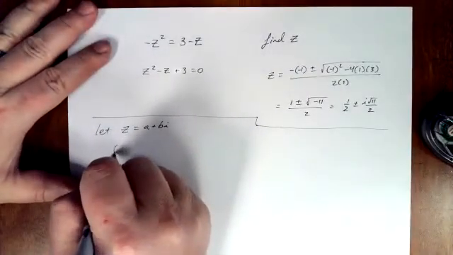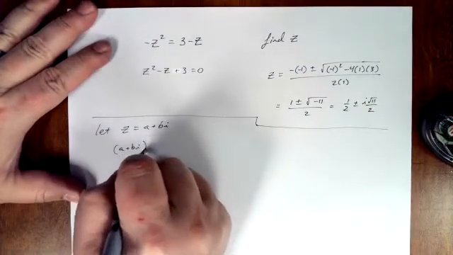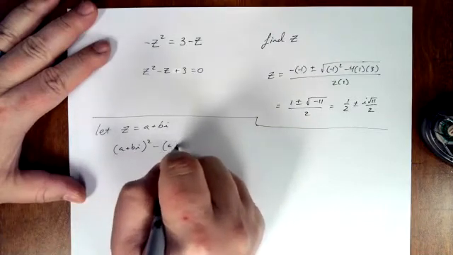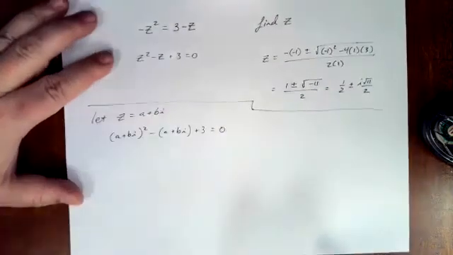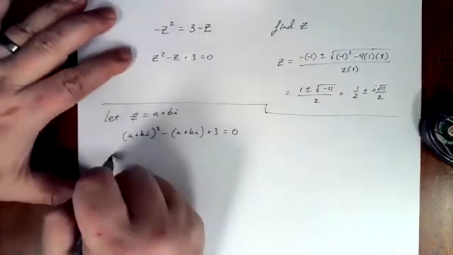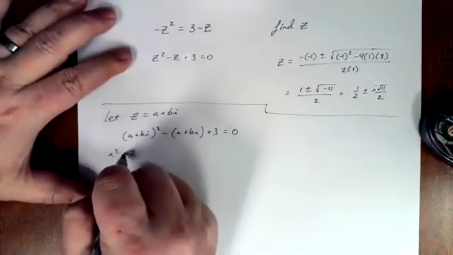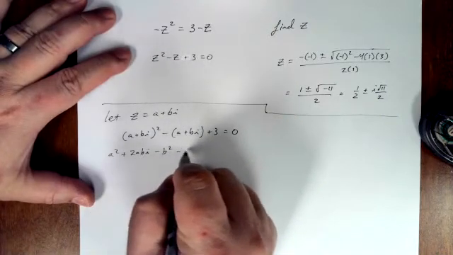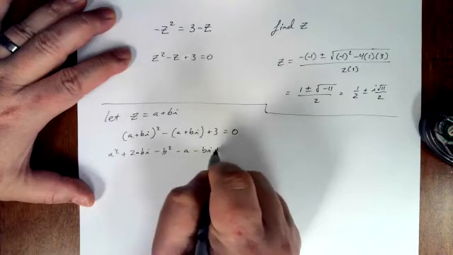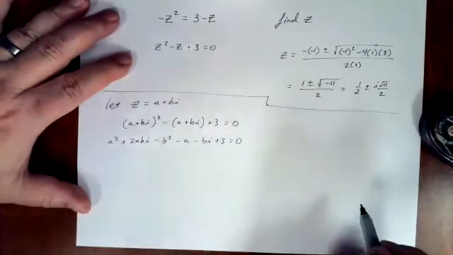So now I have a plus bi squared minus a plus bi plus 3 is equal to 0. So now a squared plus 2abi minus b squared minus a minus bi plus 3 is equal to 0.